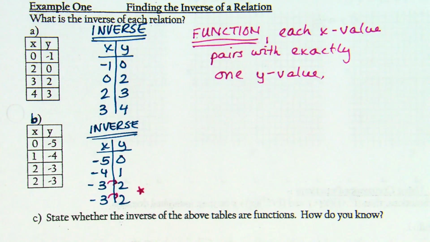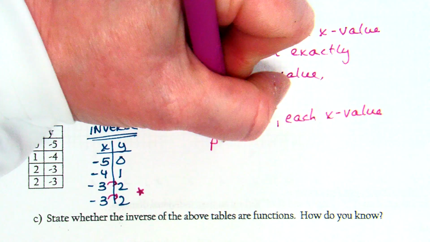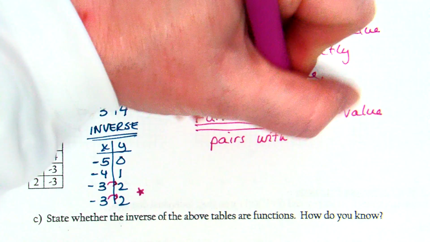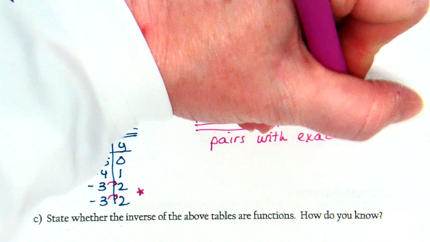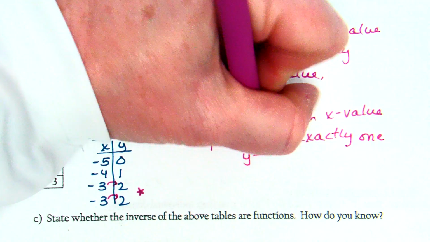So I'm going to write my same explanation from above, that it is a function, and same story, each x value pairs with exactly one y value.